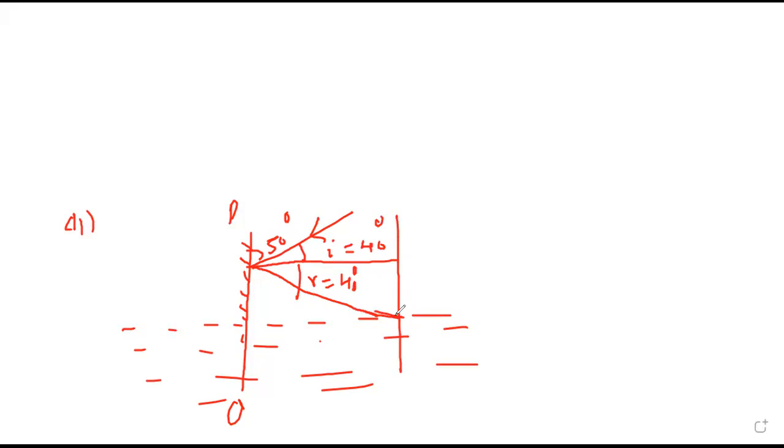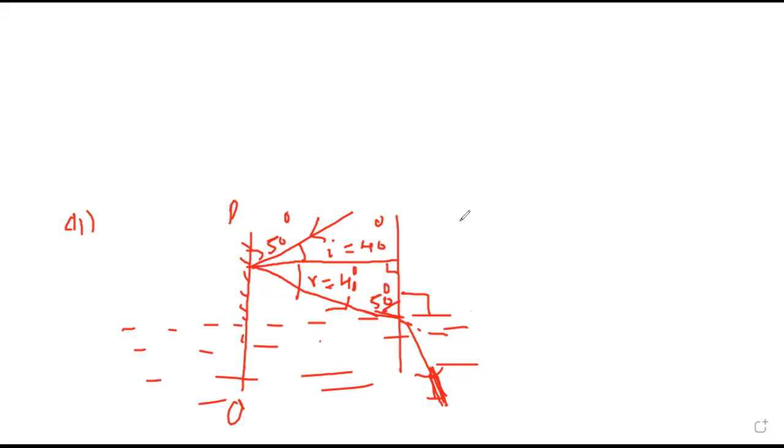If I draw here normal, what is angle of incidence? By geometry, tell. This is 40, this is 90. So what will be this? 50 degree, okay?